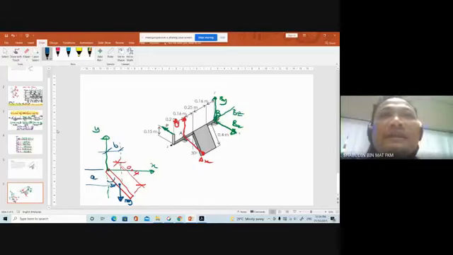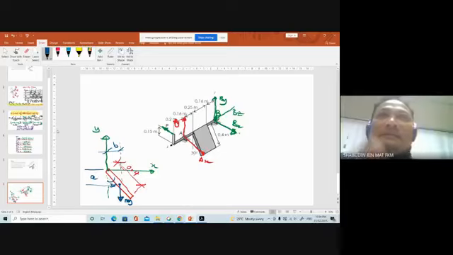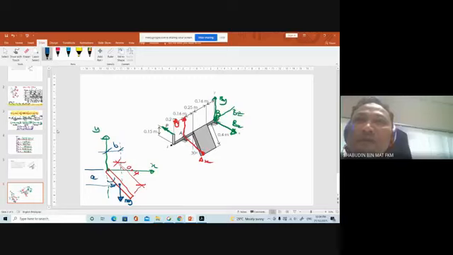Are you absolutely clear? Sir, can you repeat the z-axis? The z-axis is easy. If you look at y, the z-axis is positive there. So this is z positive there, and this is the y-axis there. It is mounted somewhere here to the plate.